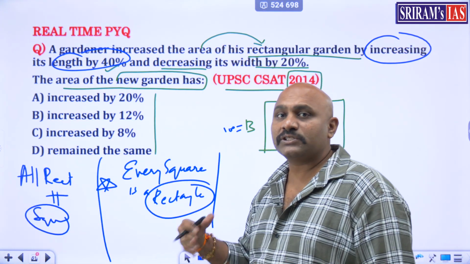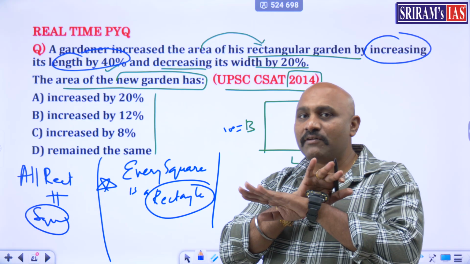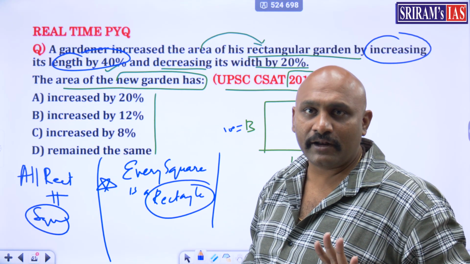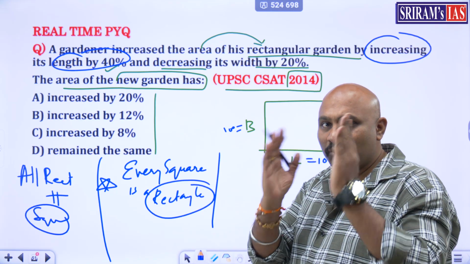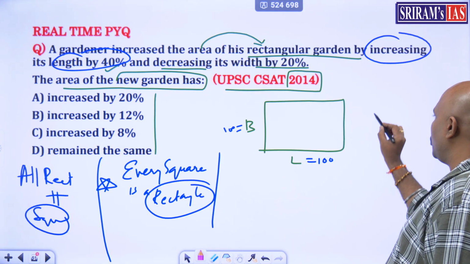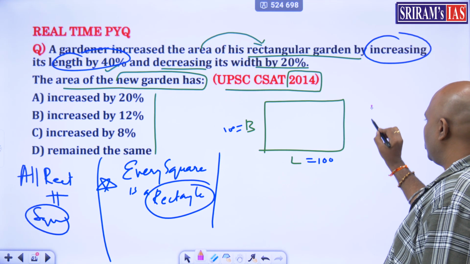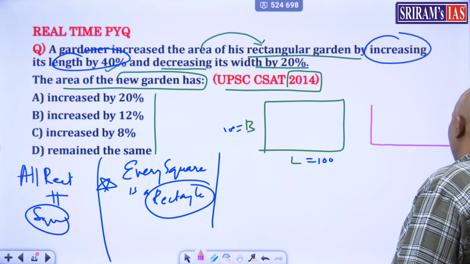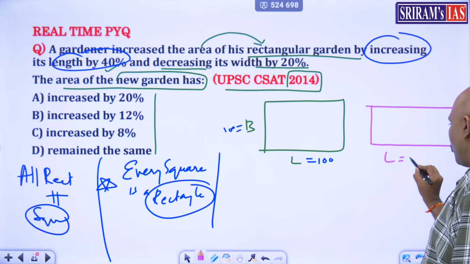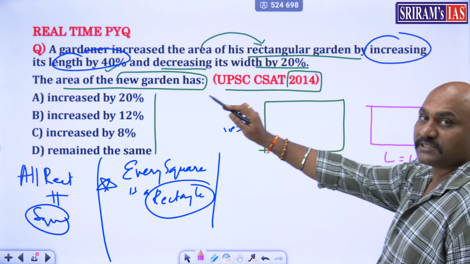Now I have chosen 100 because the whole question does not have a particular value. Everything is in percentages. So happily I can take 100 and 100 and solve the problem. That is the notion we have to have. If you observe, the new one will have a smaller breadth but larger length. The new length will become 140 because of the 40% increase.